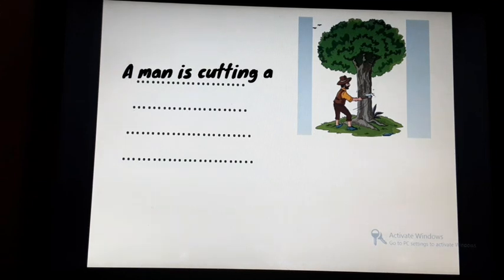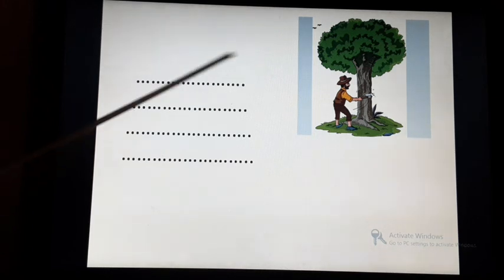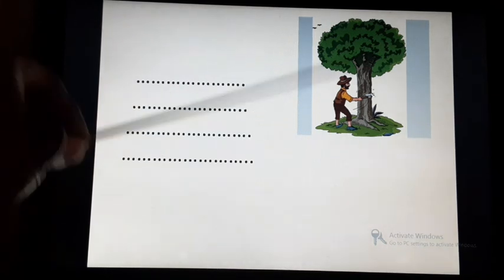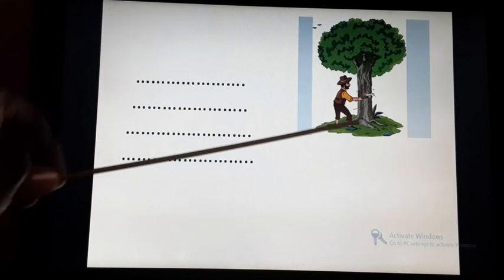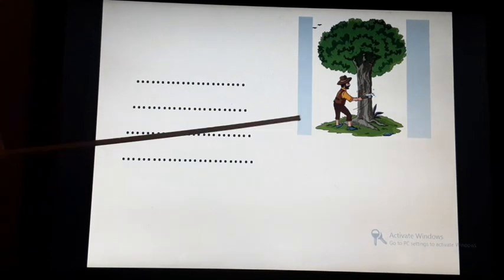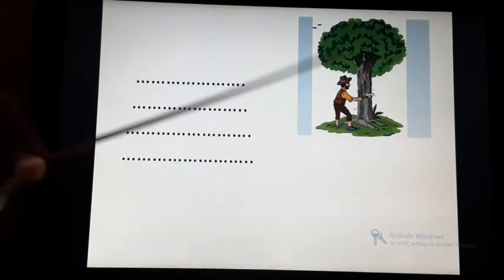You can leave your answers in the comment box. In Luganda this is omusajja ali kutema omuti nga akozesa embazzi.